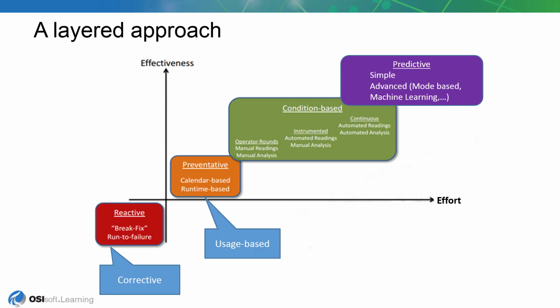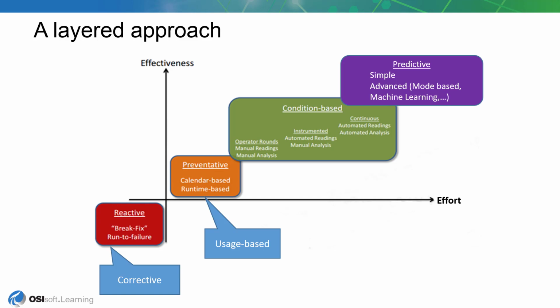At the next level, for a certain class of assets, machine usage is a valid metric. It may be a proxy for some other metric or combination of metrics, but the usage-based or run hours logic is easy to implement, but it is a blunt instrument.